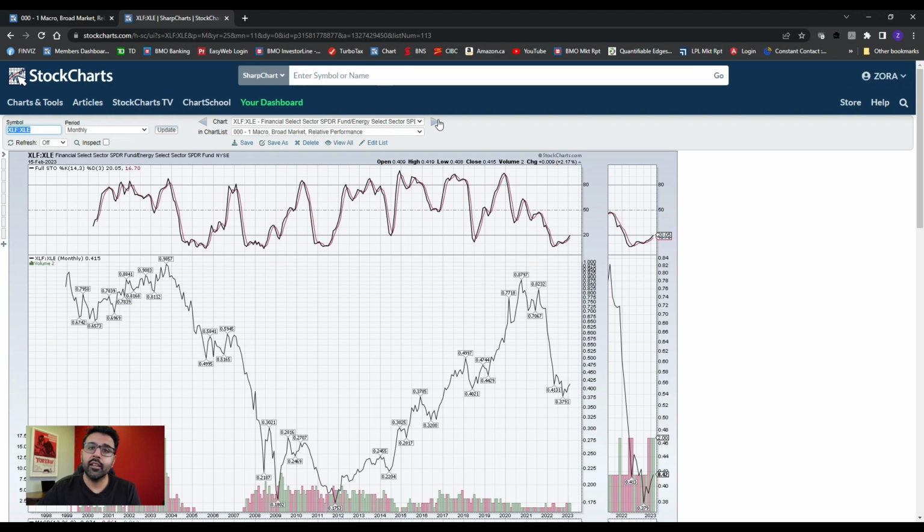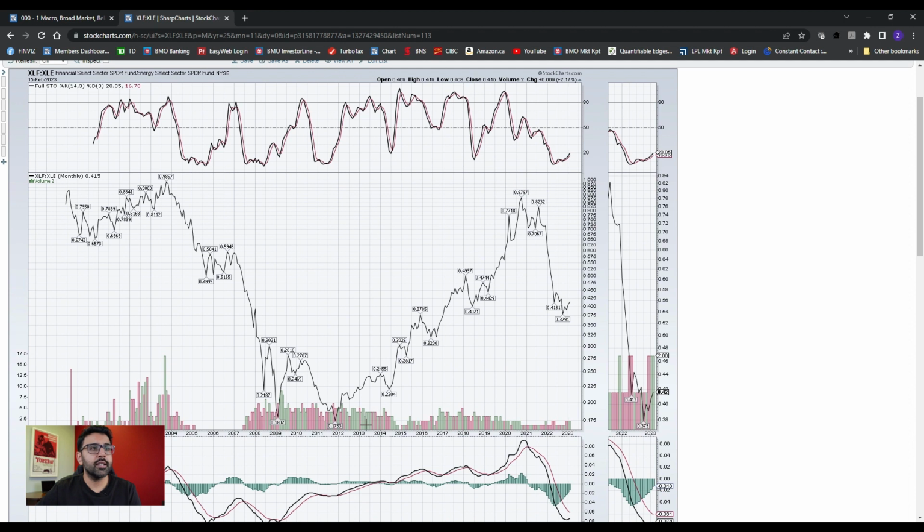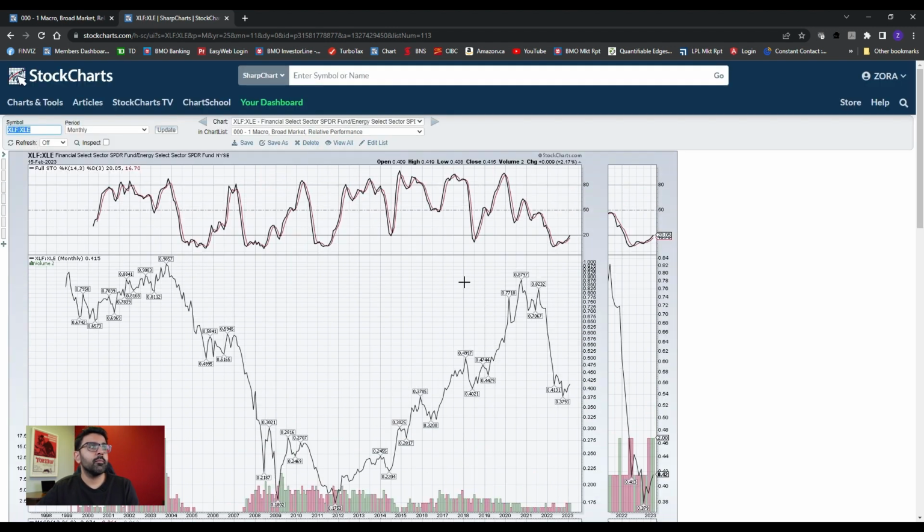Here is the XLF and the XLE, so financials and energy. For the longest time, financials were beating the energy sector, basically for the last 10 years. Now we're seeing a bit of a pause in that. We'll see how it turns out.